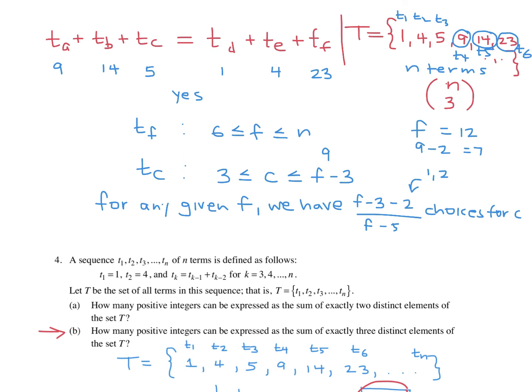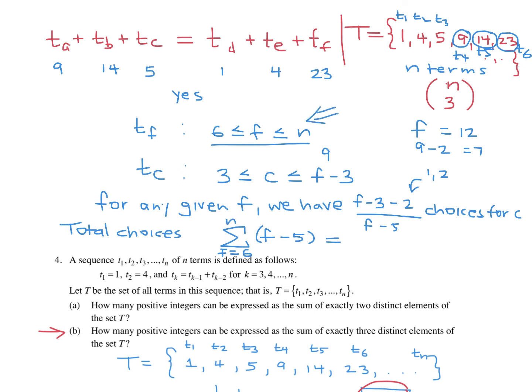Okay, so now the total number of choices. It's F minus 5, but F can be anything from 6 to n, so it's a summation. The total number of choices is the sum of this F minus 5 for F going from 6 to n, according to what is written there.